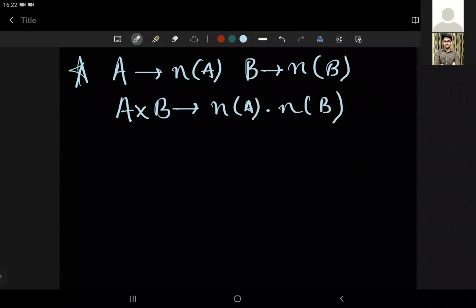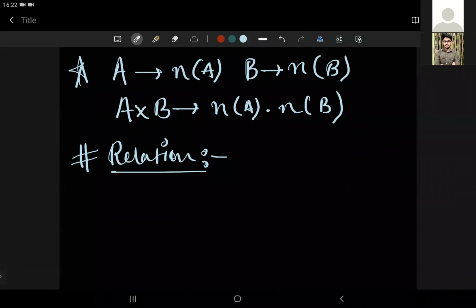So after all this, we come to what? Now, the definition of relation. What is a relation? Anyone? A subset of A cross B. Any subset? Yes, I think so. Is it any subset?